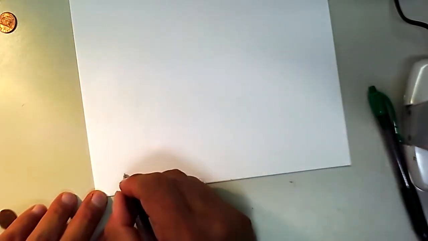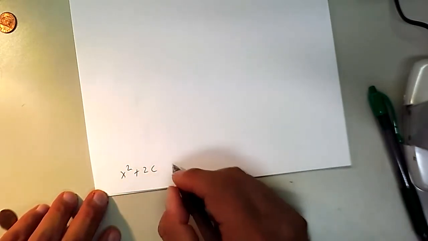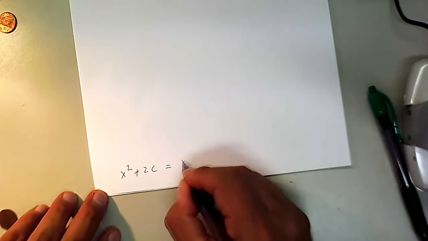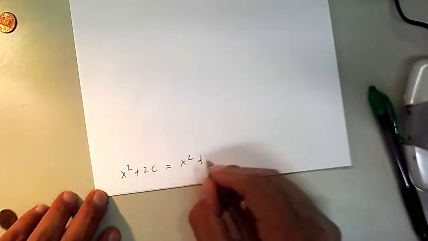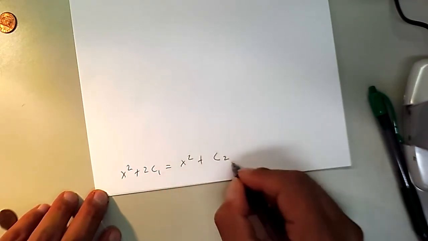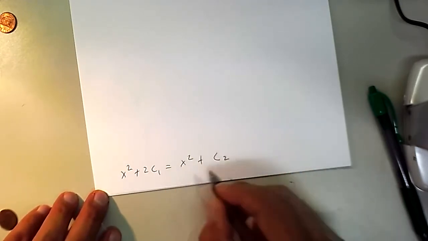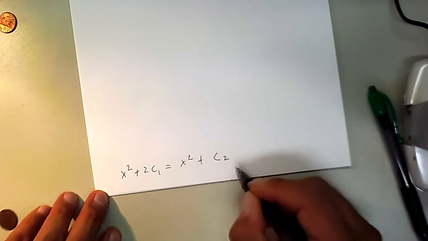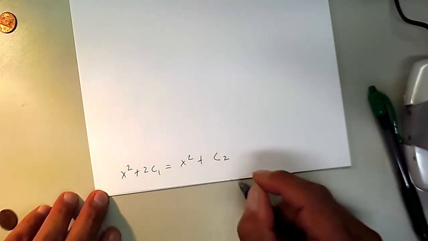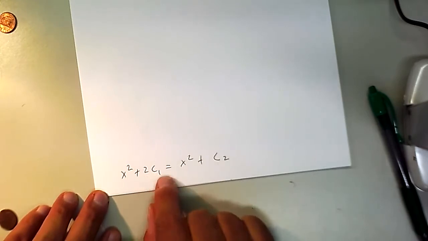I think you've seen cases when we end up with x squared and two times the constant for some reason, and then we say that is the same thing as x squared plus this constant is arbitrary, so constant 2, and then we rename the constant. And most people don't even put constant 1 and constant 2. They just rename the constant, and we're okay with that. So adding 2 constants gives you another constant.